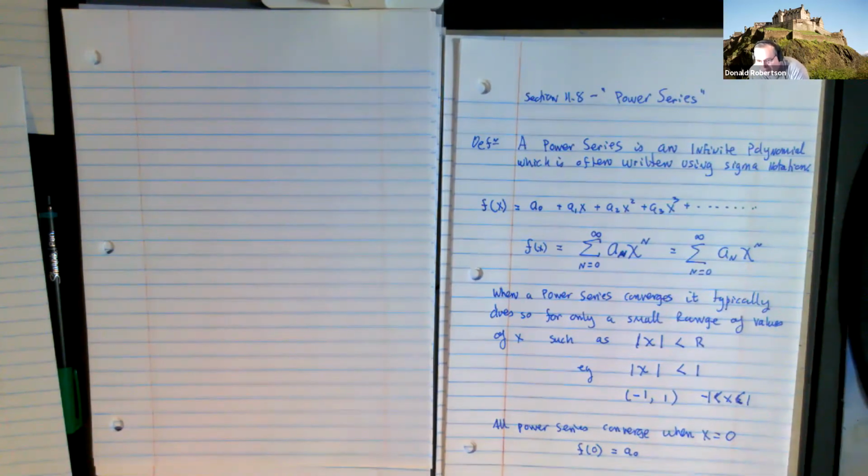I'm not writing this down, but a few power series, really, really rare, really exceptional. There are a few power series that converge for every single value of x. So you can pick any number from negative infinity up to plus infinity. And all of them converge.